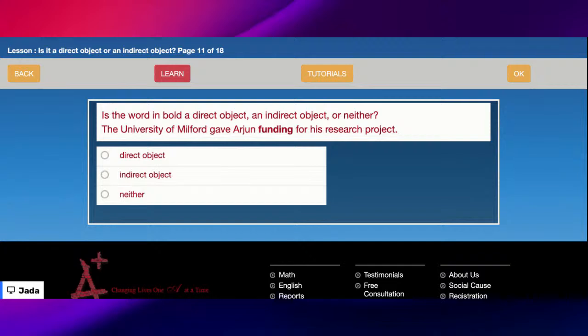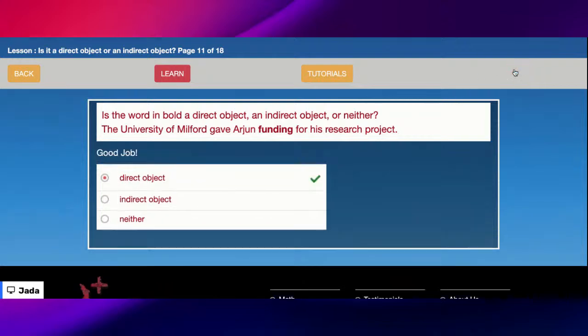Which is the right one here? Okay. Let's see if A is the correct answer.